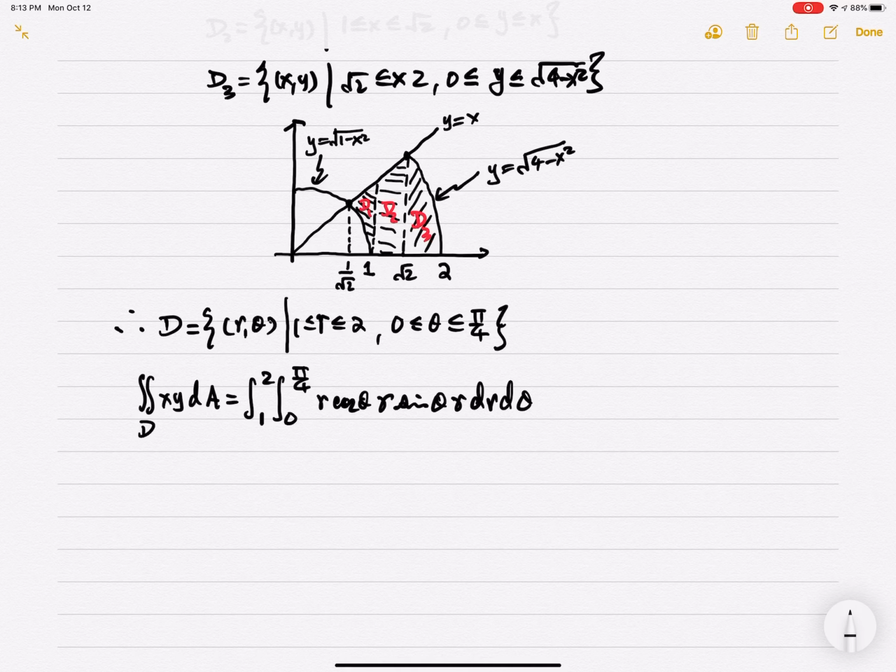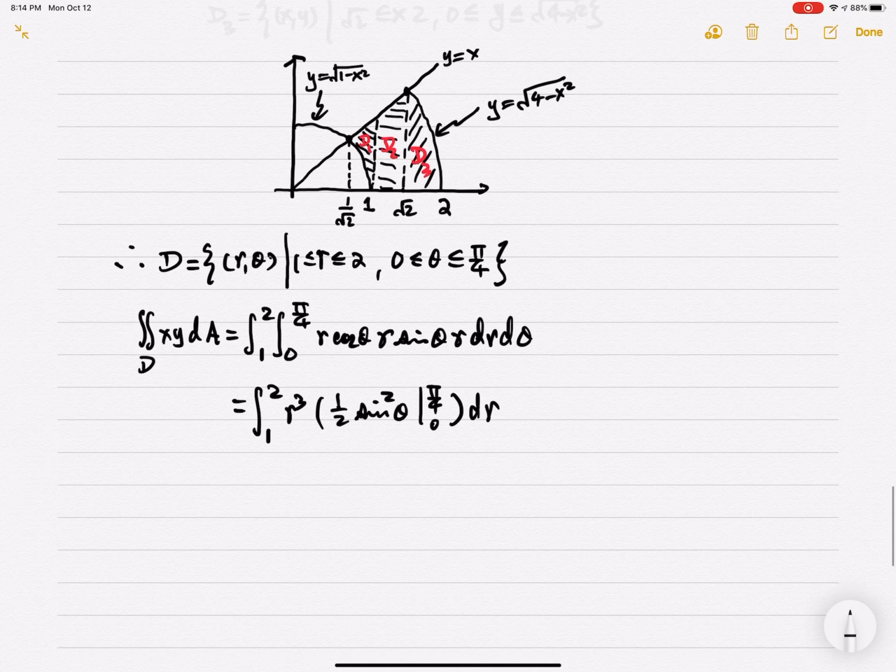So we have 1 to 2, integral with respect to theta first, so r to the third is like a constant and moves out. Then cosine theta sine theta has antiderivative half sine squared theta. Plug in pi over 4 and 0, dr.